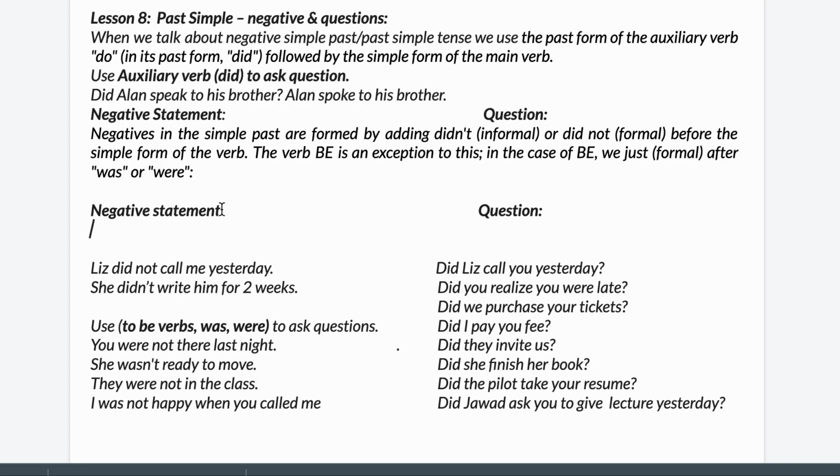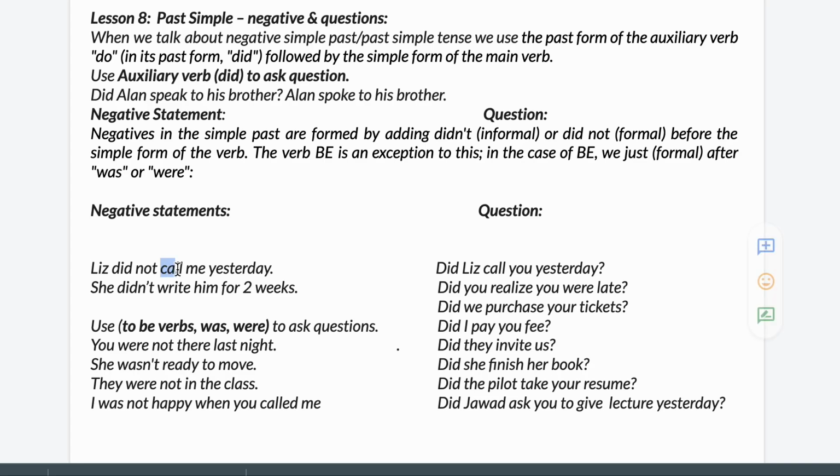Negative statements. I have just made examples. Liz did not call me yesterday. Liz is someone that I was expecting to call me, and she didn't do this. When we say did not, this is negative. Or you can say Liz didn't call me, or Liz did not call me yesterday.